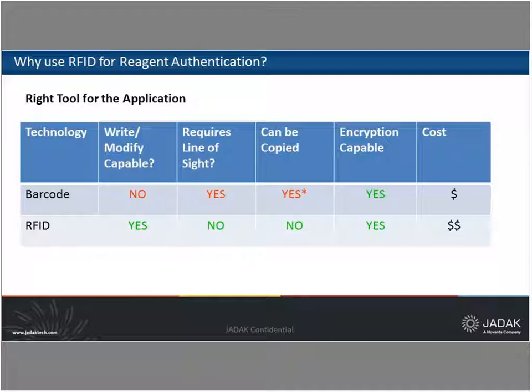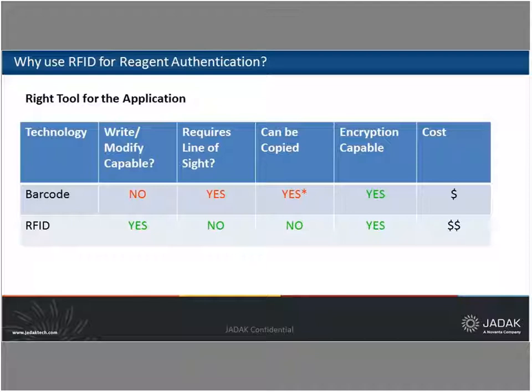So some of the comparisons we want to talk about between the two technologies is the read, write, and modify capability. Barcode can obviously read its data, but it does not have the capability to write data back to that tag and modify it. So if that's a need, you should definitely think about RFID.